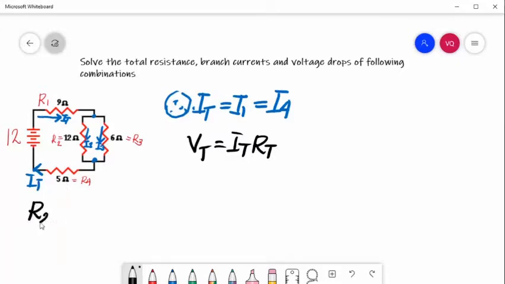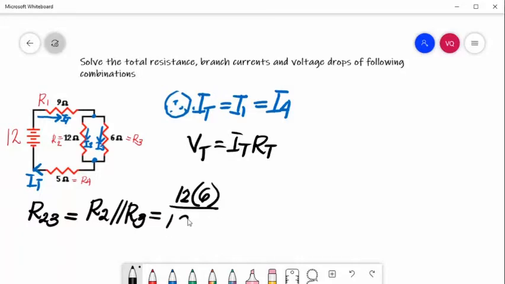R23 is equal to R2 in parallel with R3. So 12 multiplied by 6 divided by 12 plus 6. So that is equal to 4 ohms.